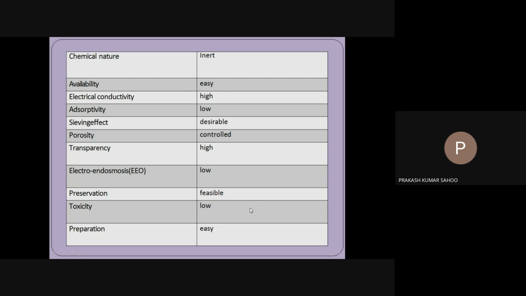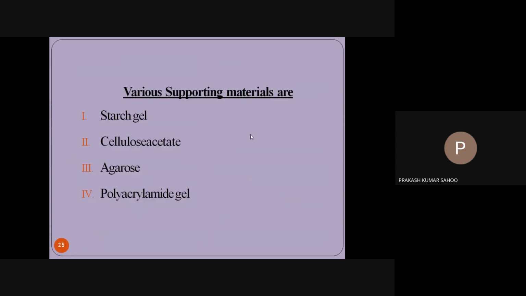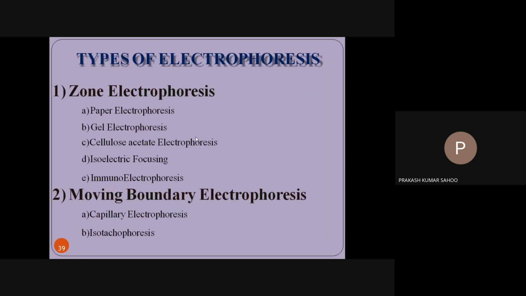So these are some basic things needed for your supporting medium. Various supporting materials are starch, gel, cellulose acetate, agarose, and polyacrylamide gel, which are generally used to prepare the matrix or the bed for electrophoresis.